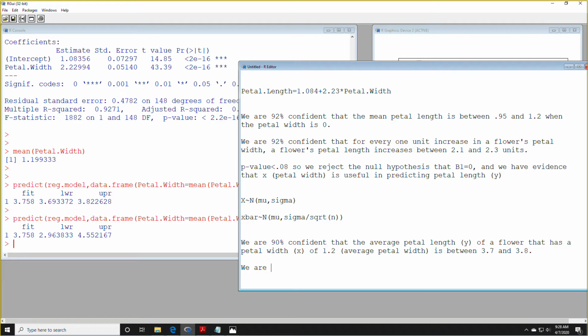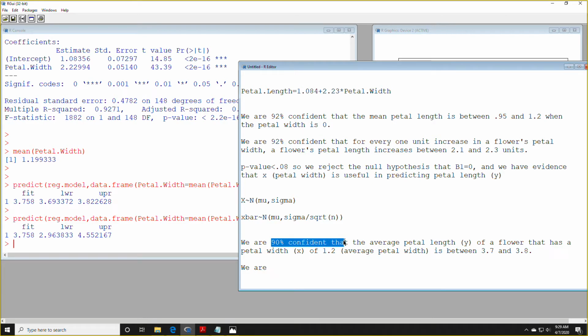Because it's trying to predict a single value when we have a certain X value. So technically, it's like having just the population distribution and thinking about all the people that have this X value, right? I want my prediction interval to cover 90% of those. And so technically this is a probability statement.